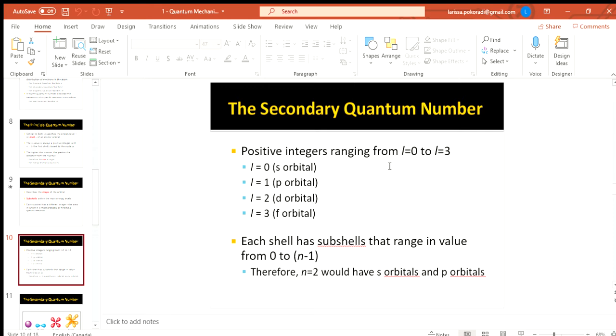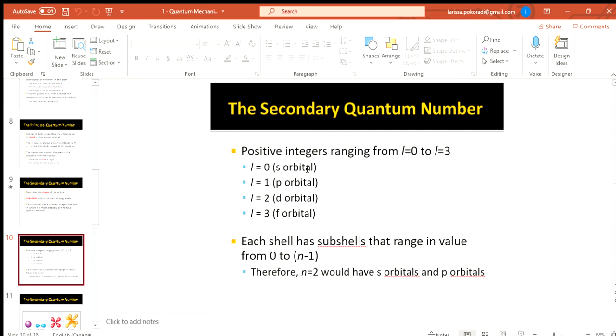We're still going to look at positive integers, and we're going to range those from 0 to 3. The hard part is that this 0 to 3 will not show up when we're labeling our orbitals. Instead, these numbers are then given letter values.